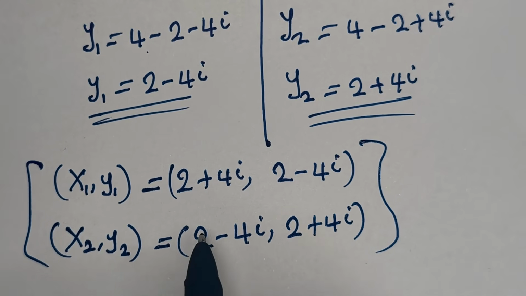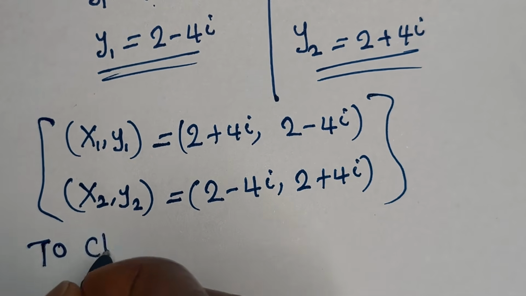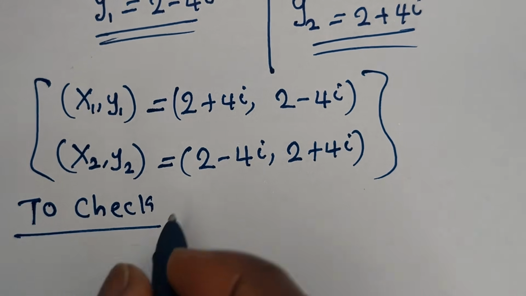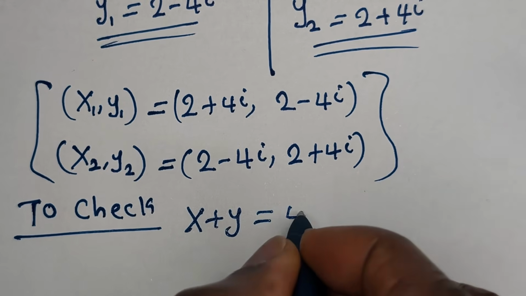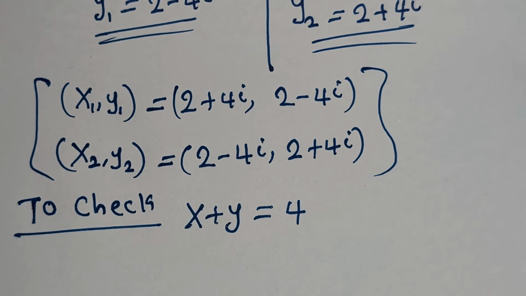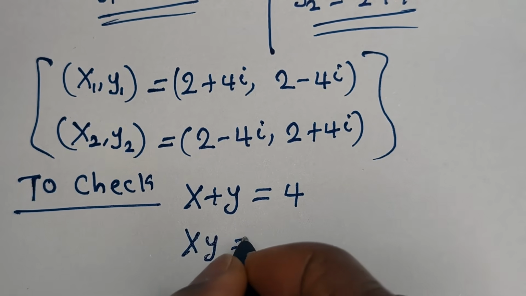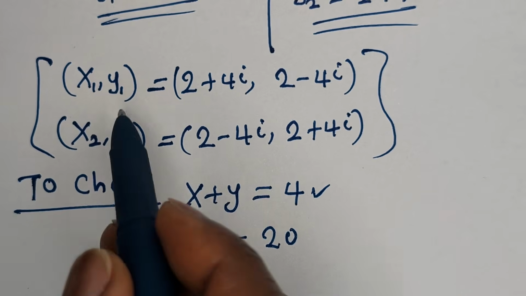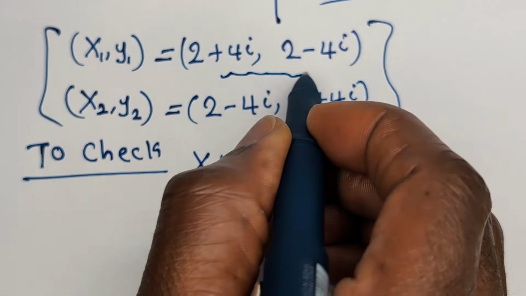We may check to confirm if this answer is right or wrong. Let's check. To check, we have the given equation s plus y is equal to 4. Then sy is equal to 20. Let us consider this using either s1, y1 or s2, y2. But I'm going to make use of this.